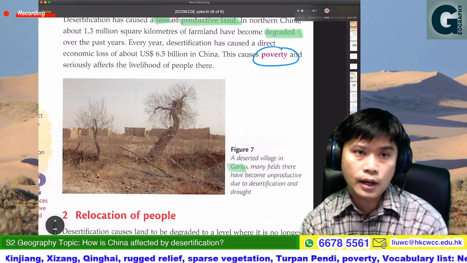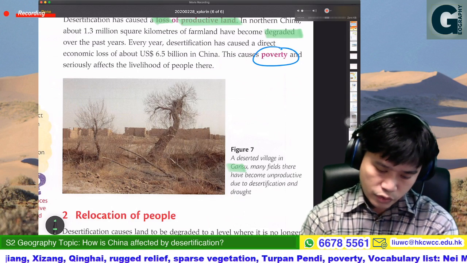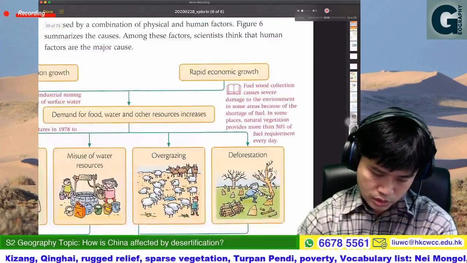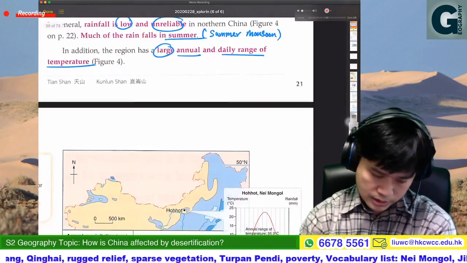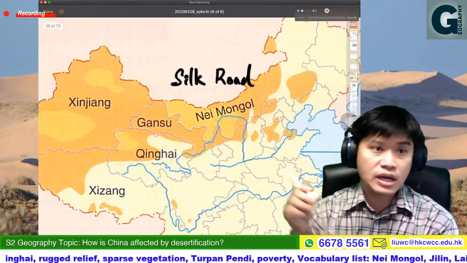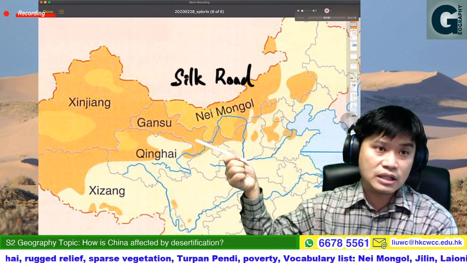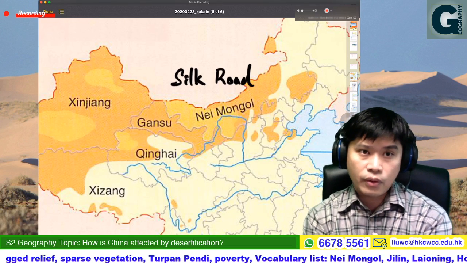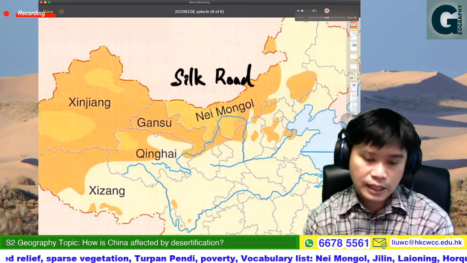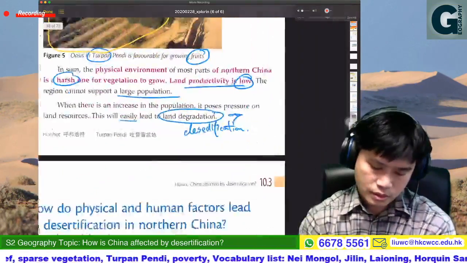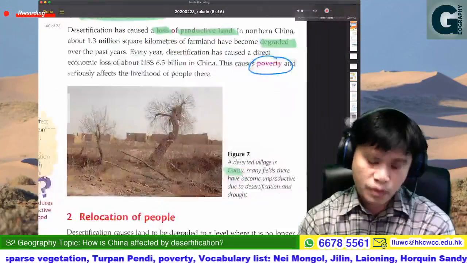If you refer to the map, you can see that most of the area in Gansu is also under the influence of desertification. Therefore, Gansu is a province in the country with the problem of poverty.